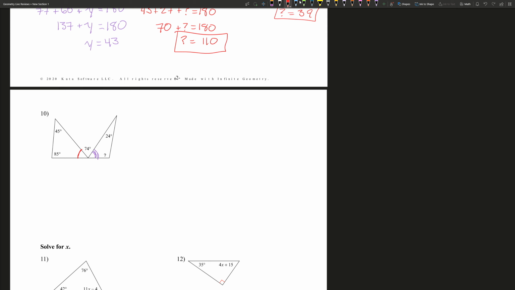So we can add up the angles on the triangle to the left. We'll call our unknown here x, and the sum of those three angles has to equal 180. And we just solve for x.